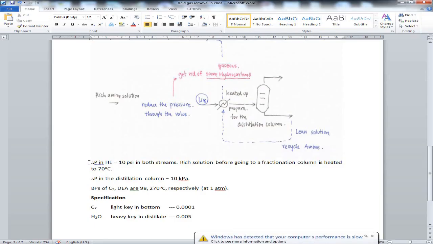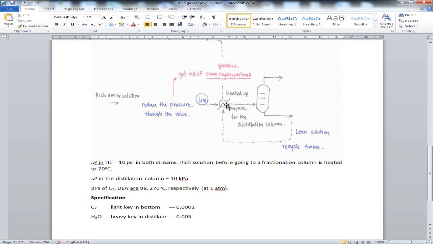And before that, we have to prepare by heating up. From here it is about 40 degrees Celsius, so we jump from 40 degrees Celsius to 70 degrees Celsius to reduce the load in the distillation column, because we would like to evaporate C7 and water somehow.